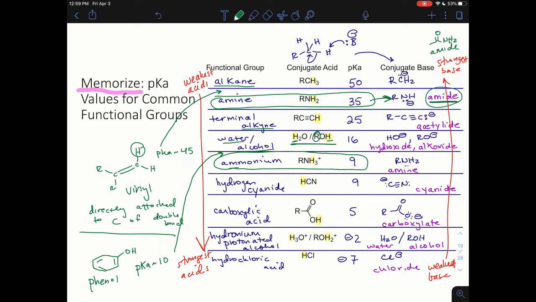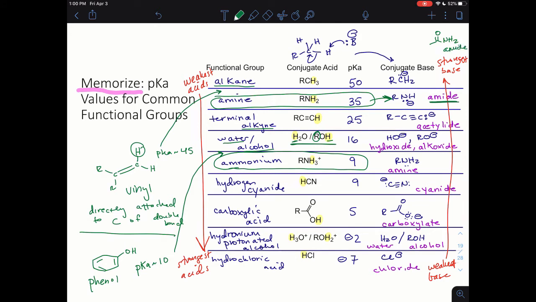So we can see that ammonium is much, much, much more acidic than an amine. The amine makes the negatively charged amide, and ammonium makes a neutral amine. So please keep those numbers in mind, that ammonia and ammonium are different. They have different conjugate bases, and they're going to have different pKa values.